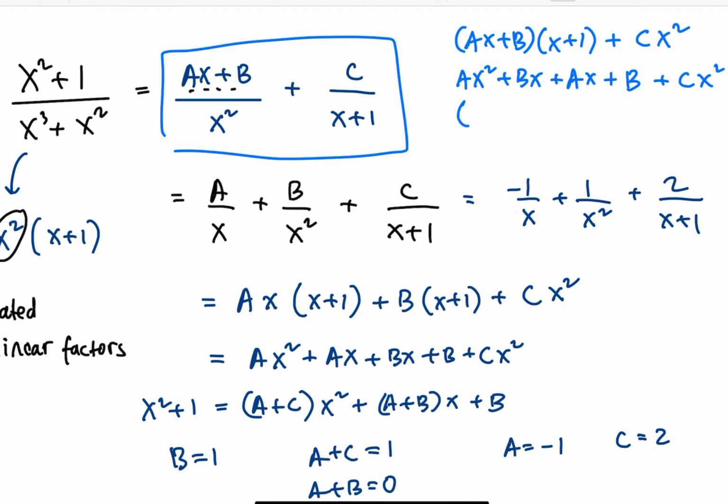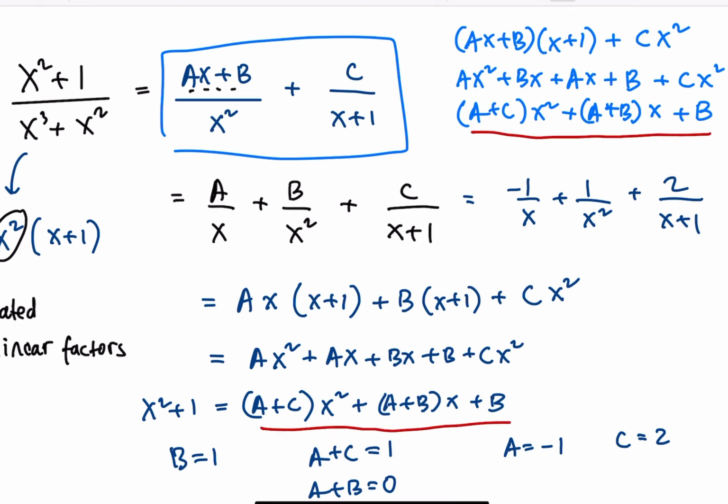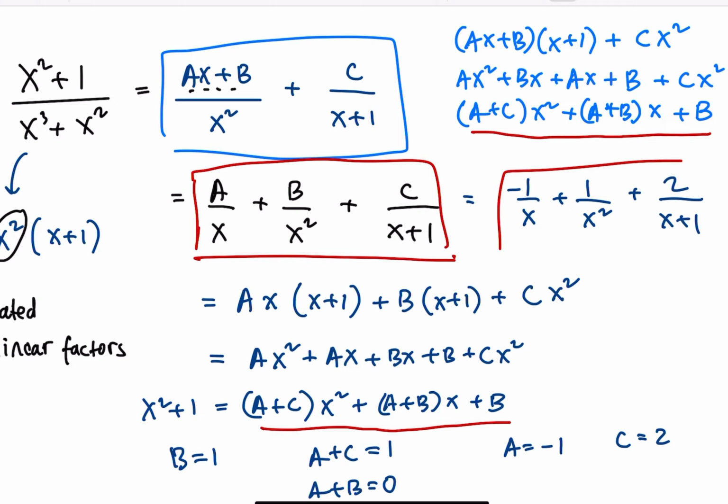And this will also be (a plus c)x squared plus (a plus b)x plus b. From these equations, we can see that this is actually the same, right? So our approach here is correct, and this is our answer.